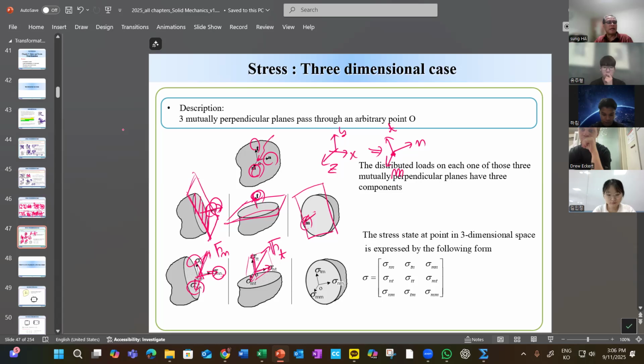And m, the same. We will have an fm, and fm will have components in the direction of m, normal, and tangential, t and n.